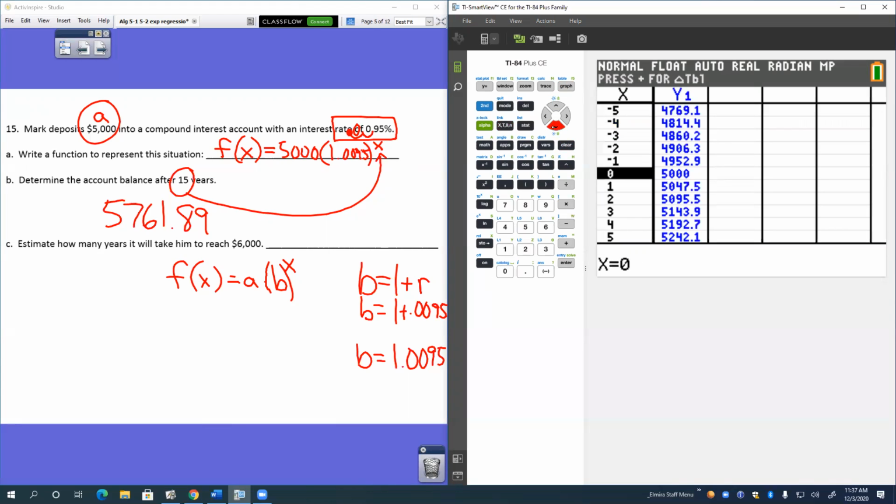So I'm going to go down, down, down until I get to 6,000. We're at 5,800, 5,900. Ooh, there's 6,000. So somewhere in between the 19th and 20th year, it will reach 6,000.